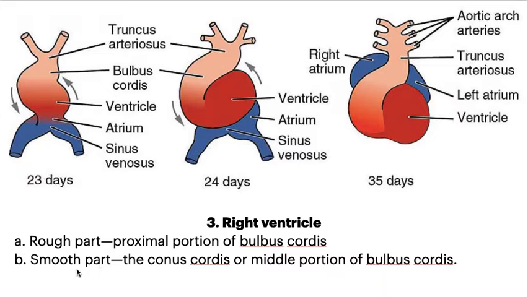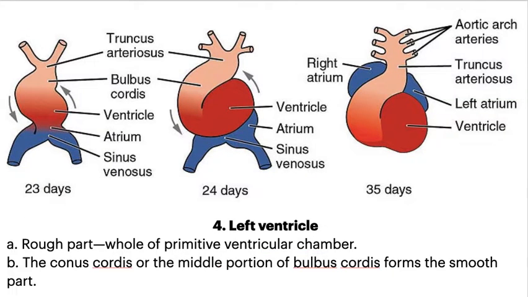So the smooth parts of both ventricles derive from the conus cordis, whereas the rough part of the right ventricle is from the proximal portion of the bulbus cordis and the rough part of the left ventricle is from the primitive ventricular chamber.